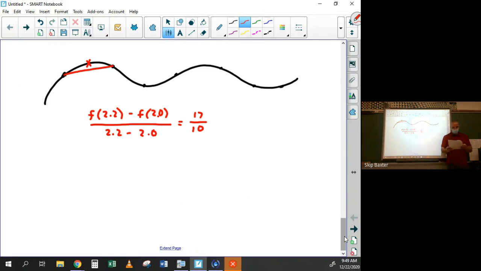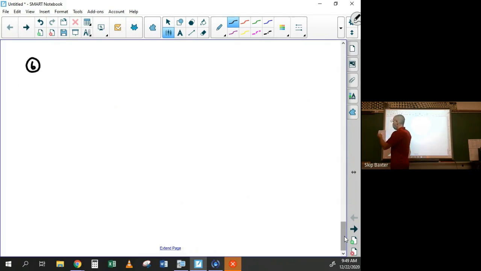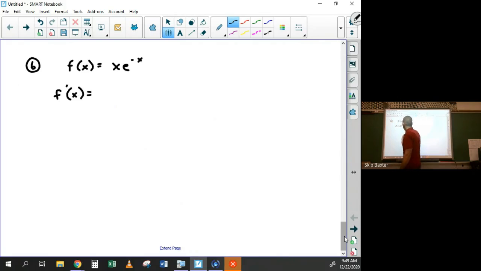6 on this. Okay, maximum value of a function. How do you find the maximum value of a function? First derivative test. So we have f of x equals x e to the negative x. F prime of x is the first times the derivative of the second plus the second times the derivative of the first.